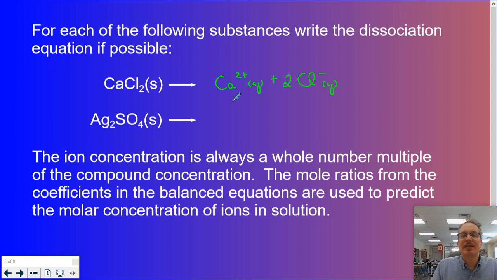I want to add in at this moment that we do not add water to this. Although we're putting these into water to make a solution, I don't have to add water on the left or water on the right for a dissociation equation because water is already represented by us putting aqueous on the ions. Remember, aqueous means dissolved in water.